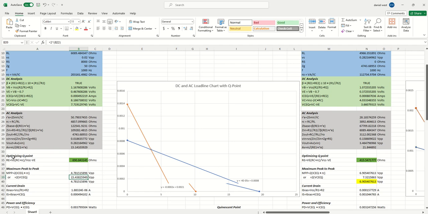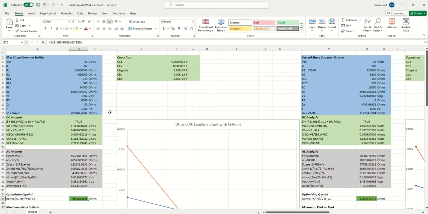So if you're looking at your optimizing Q point equation, we know that the optimized Q point, to get the quiescent point in the middle of the load line, the whole emitter resistance should be 690. So then you would decrease these to get pretty close to 690.